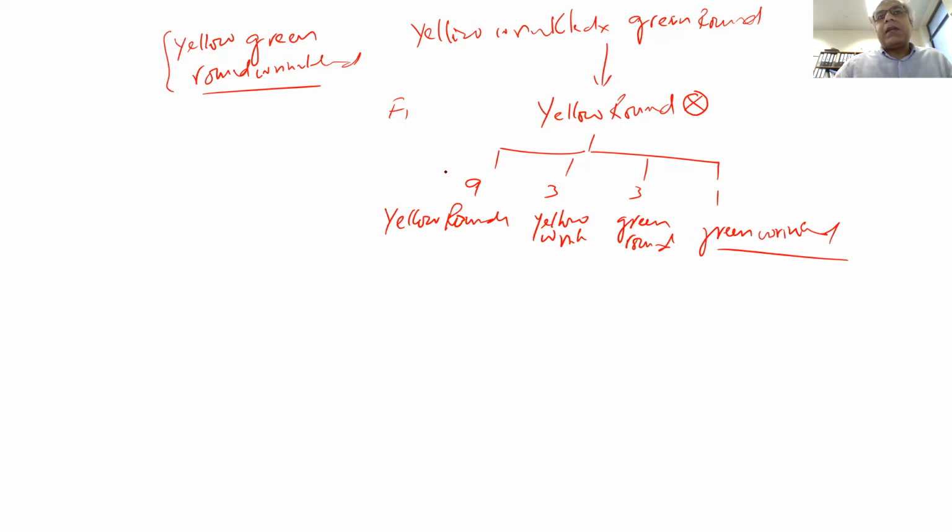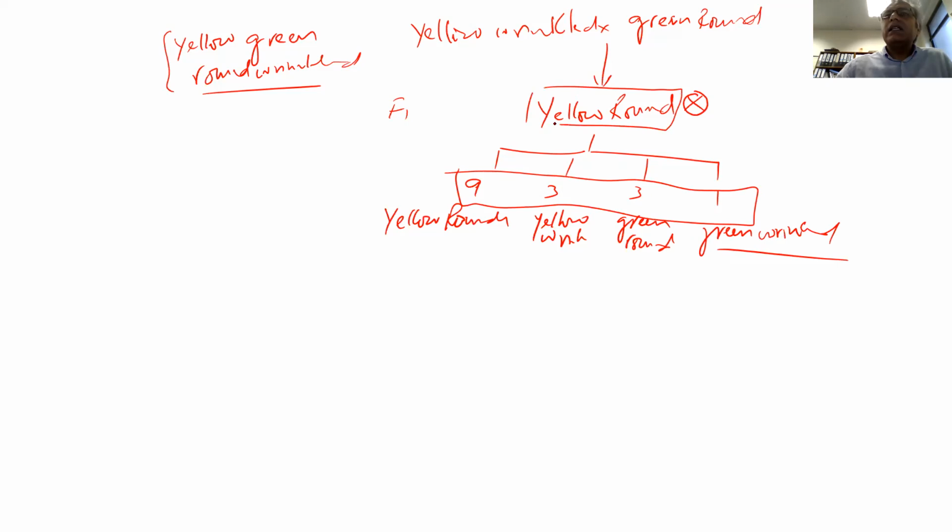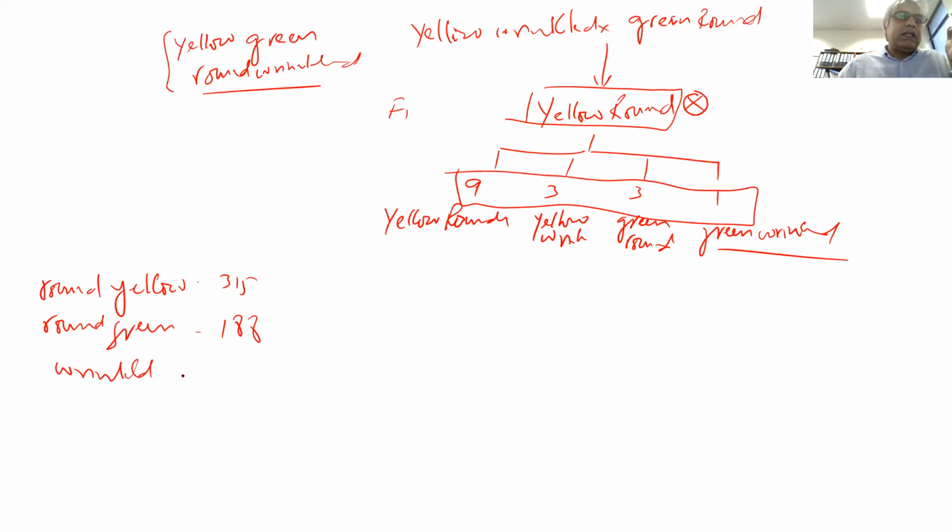If I put numbers, from where these ratios were derived, after self-crossing yellow round, the numbers he obtained were: round yellow 315, round green 188, wrinkled yellow 101, and wrinkled green 32.